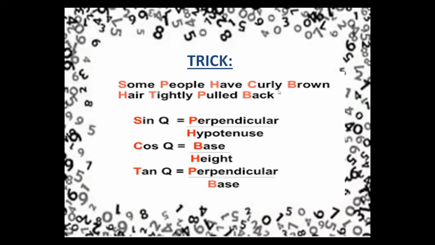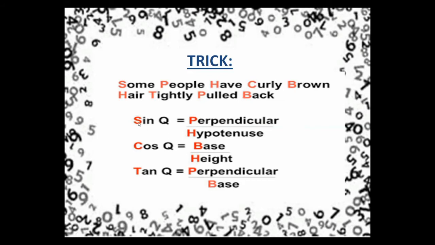Then curly brown hair, so C stands for cos, C stands for curly, B for brown and B for base, and hair, H for hypotenuse. So cos theta is equal to base upon hypotenuse. Then tightly pulled back: T for tightly, T for tan, P for pulled, P for perpendicular, B for back, B for base.